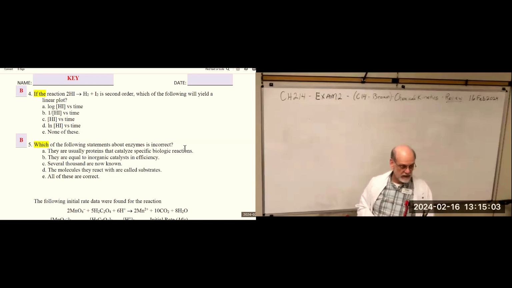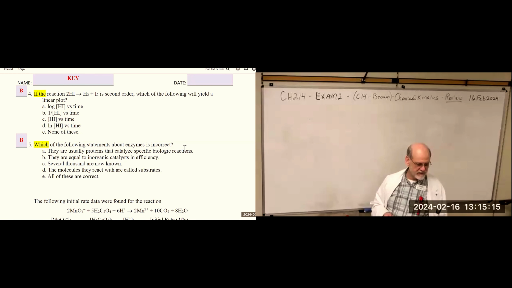No, because that's the common log. You need the natural log. A is in there to confuse. The only ones that are valid are B, C, and D. And it depends on whether we're talking about zero order, first order, or second order.